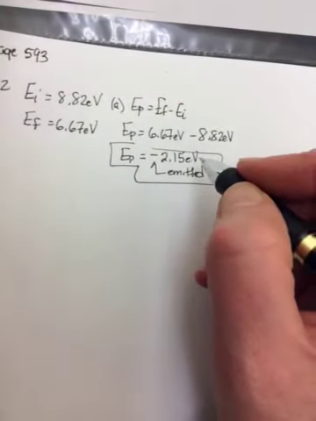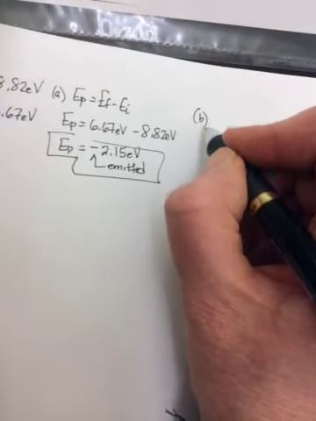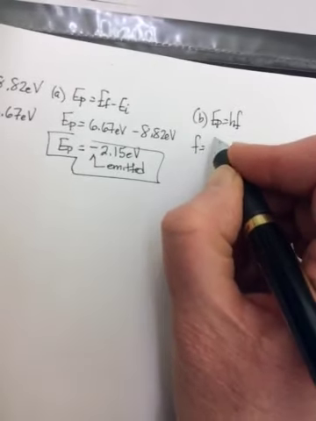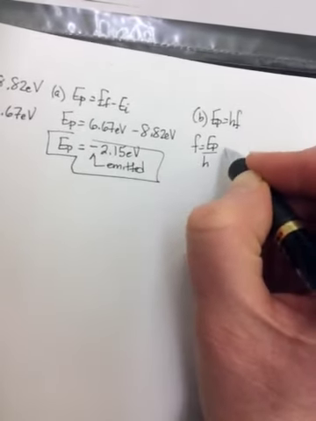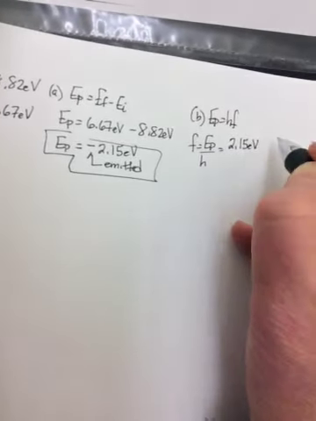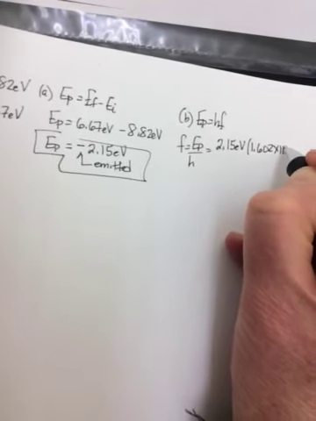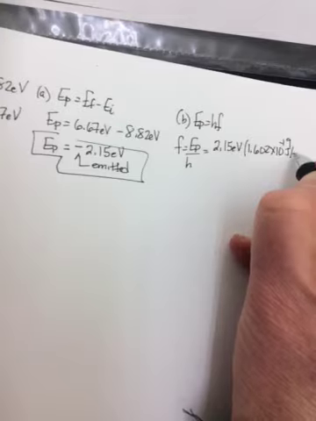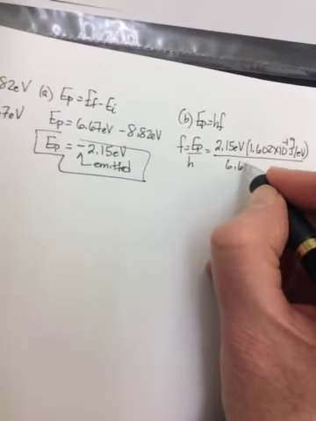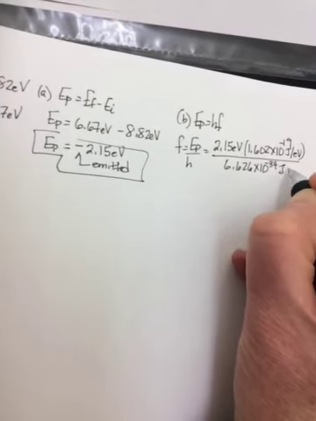Part B says, what is the frequency of the photon? So we know EP is equal to HF, so F is equal to that EP divided by H. You can drop the negative, it just meant emitted. 2.15 electron volts times 1.602 times 10 to the negative 19 joules per electron volt, because it has to be in joules before you divide it by Planck's constant, because Planck's constant units are joule seconds.